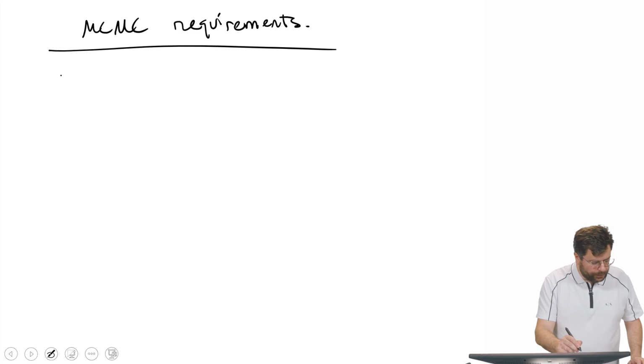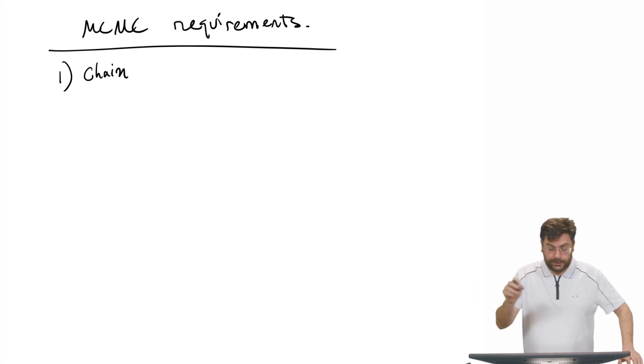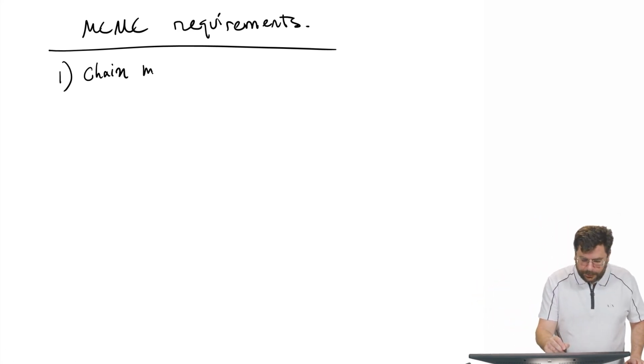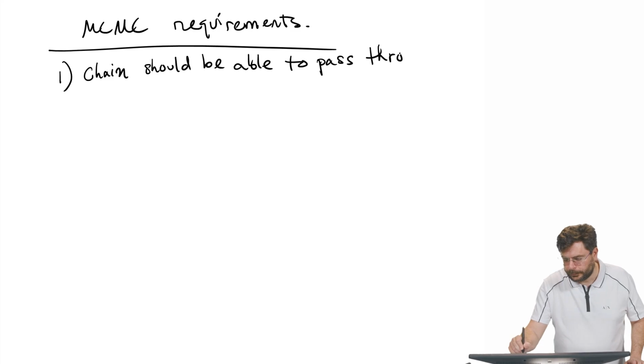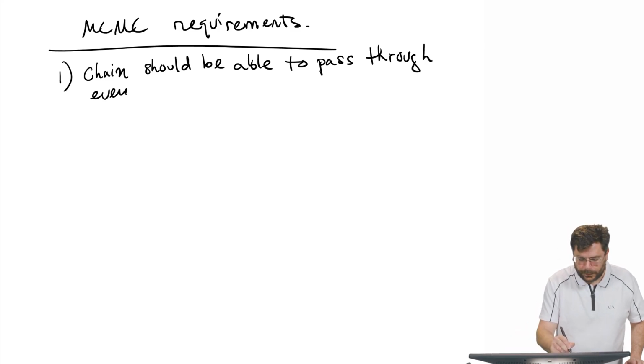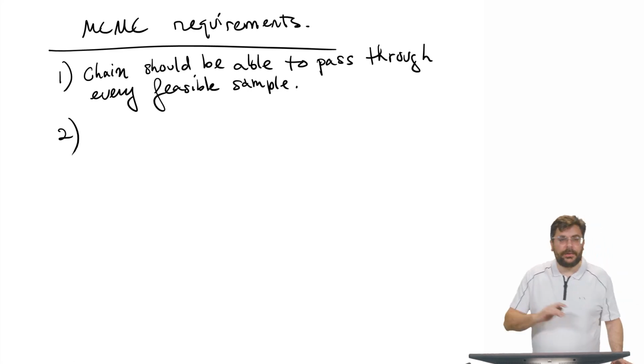So there are four main requirements. The first one is that the chain, that means the R0 to R1 to R2, the Markov chain, should be able to pass through every feasible sample.